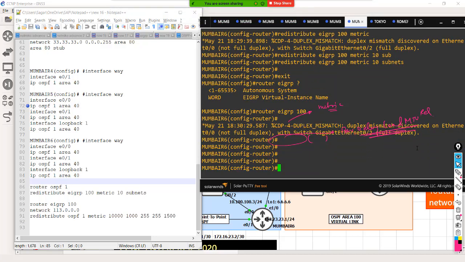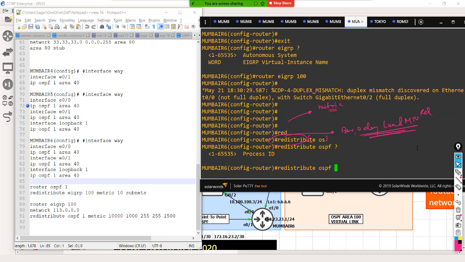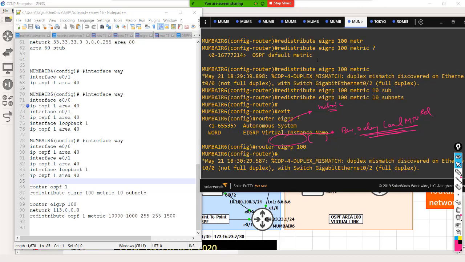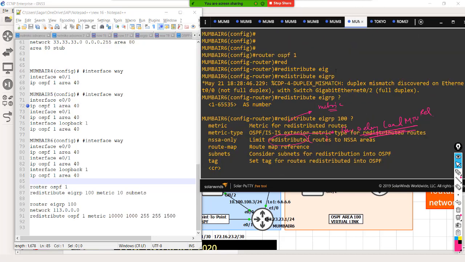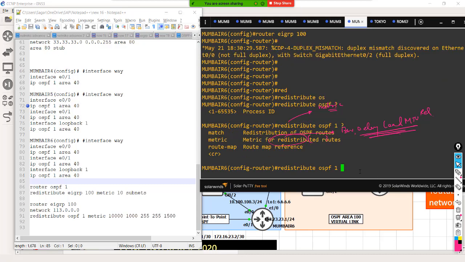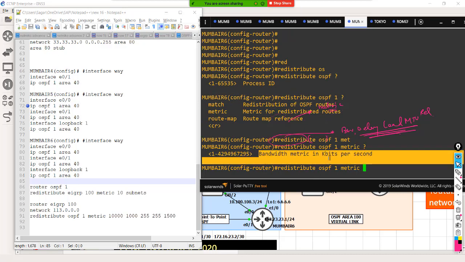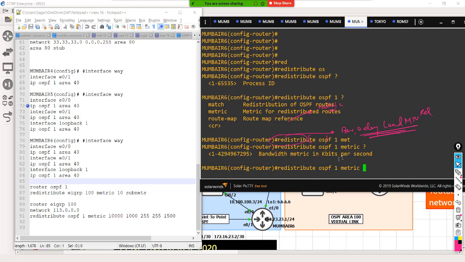So I go over here, I say now I am redistributing the OSPF route. Which OSPF process? It's 1, I guess. Let me double check. Yeah, it's 1. So I'm going to redistribute 1. Now I need to define the metric style. First is bandwidth. Which bandwidth should I take by default?